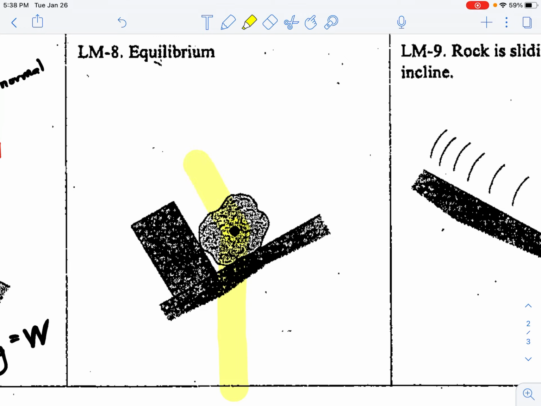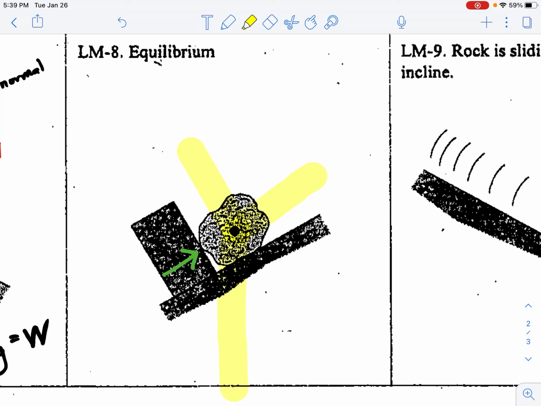So perpendicular to that is going to be going in this direction. And then I don't have tension, but I have another normal force that's working in this direction here, but I can't put arrows into the rock, so I would put an arrow coming out of the rock in that direction.